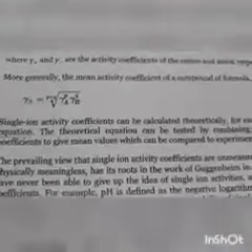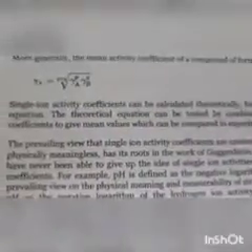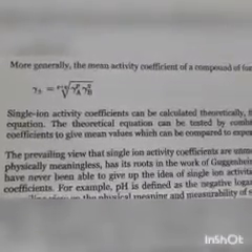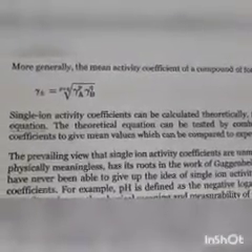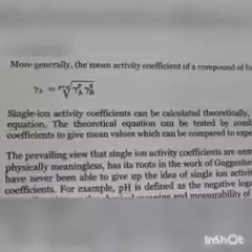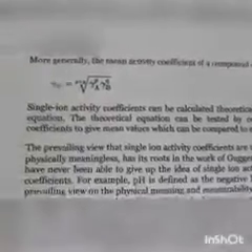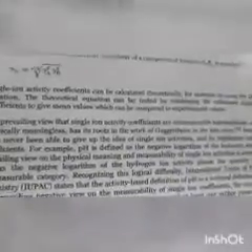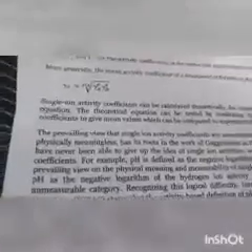More generally, the mean activity coefficient for a compound of formula A P B K is given by gamma plus minus to the power P plus K equals gamma A to the P times gamma B to the K. Single ion activity coefficients can be calculated theoretically, for example by using the Debye-Huckel equation.